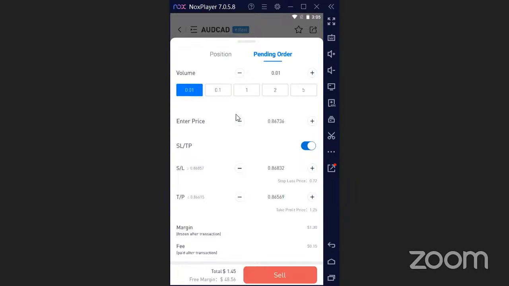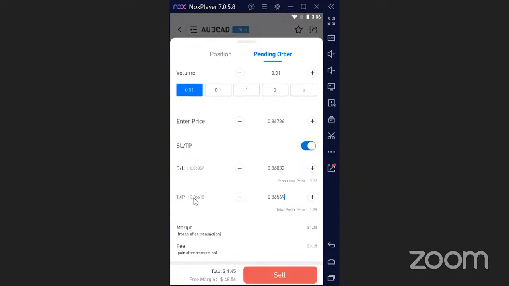I'm calling this out because I know the screen is kind of small, and you are seeing the screen very small right now. 0.86736, that is our entry price. And for the stop loss, 0.86832.